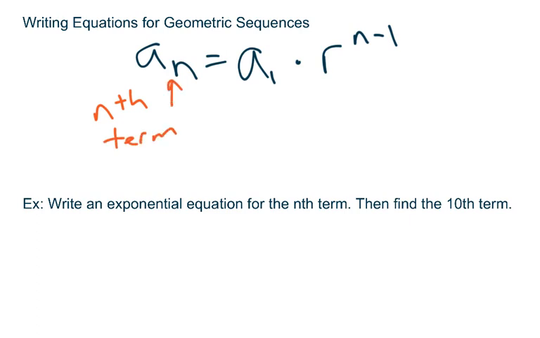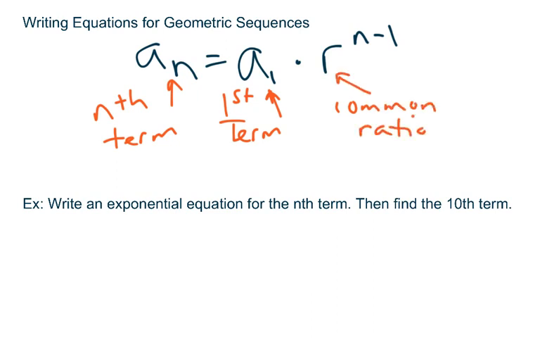If I want the 10th term, that becomes a sub 10, or if I want the 15th term, that's a sub 15. It's just a placeholder. a sub 1, just like in arithmetic sequences, is your first term. Your r value is your common ratio.